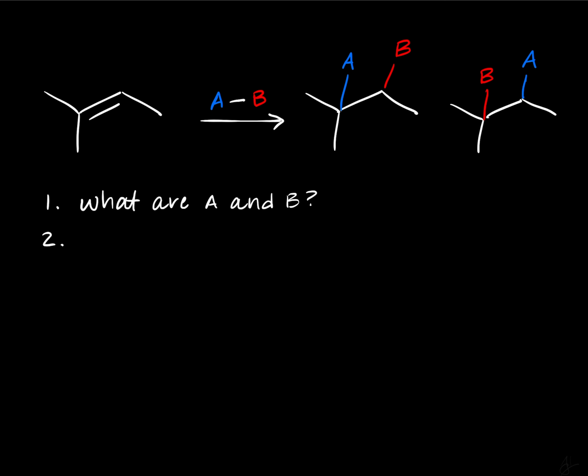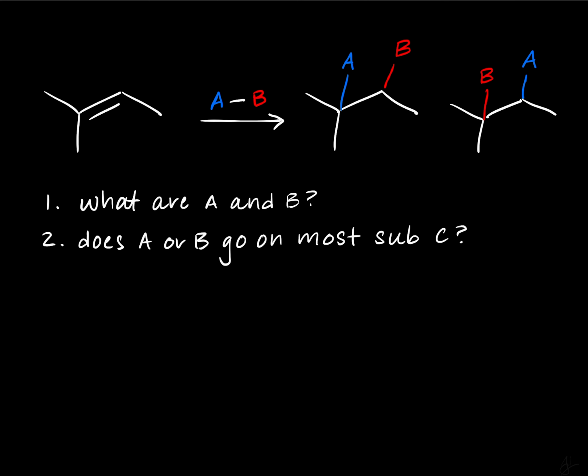So the way that I suggest thinking about this question is not left, right, up, down. Instead it is, does A or B go on the most substituted carbon? And I like to abbreviate substituted as just sub carbon.